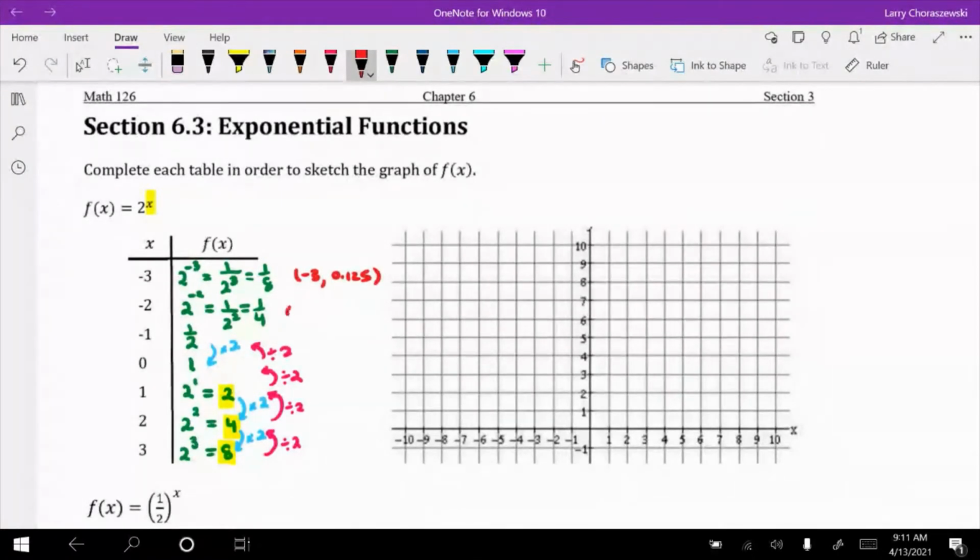When x is negative 2, we get 1/4, which is 0.25. When x is negative 1, 1/2 is 0.5. And then we get some whole numbers for the y coordinates. 0, 1, 1, 2, 2, 4, and 3, 8.